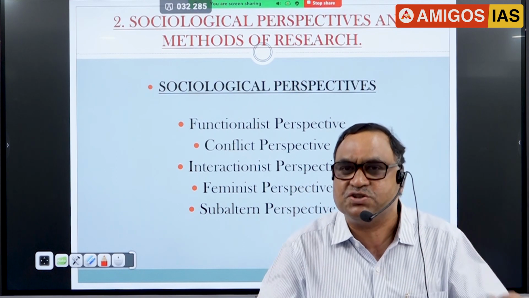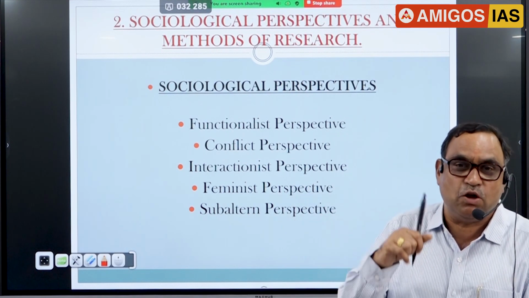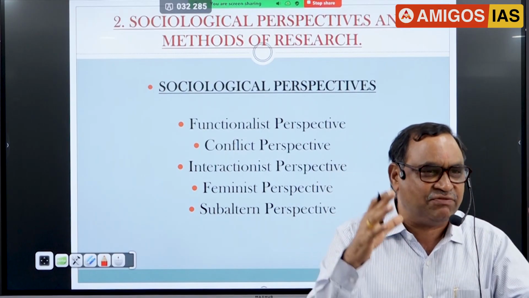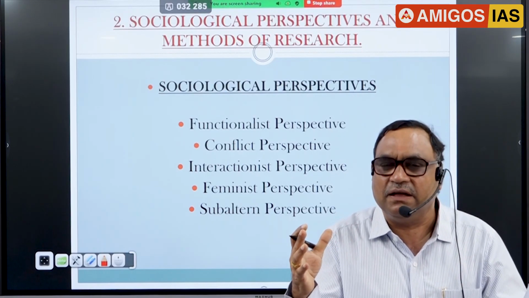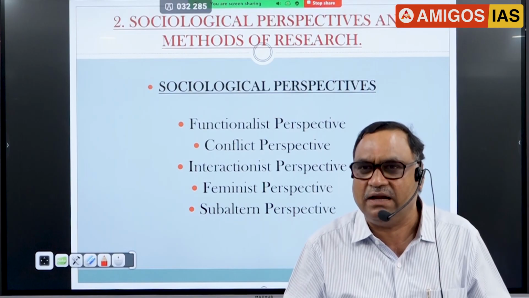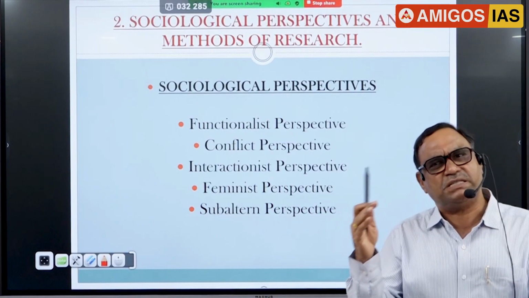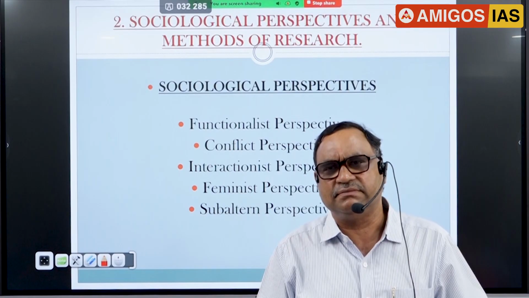Then how to look at this issue? Then which perspective is required? So the Indological perspective tries to glorify the status of women, which is not completely correct. It's not a reality. Then the feminist perspective. Now, the feminist perspective is the most popular perspective across the globe.